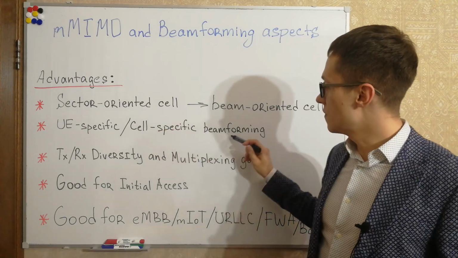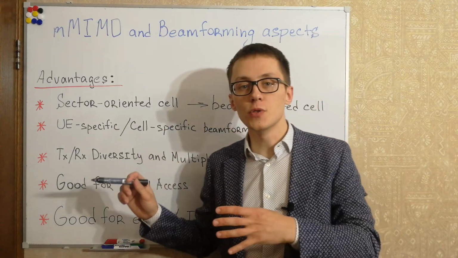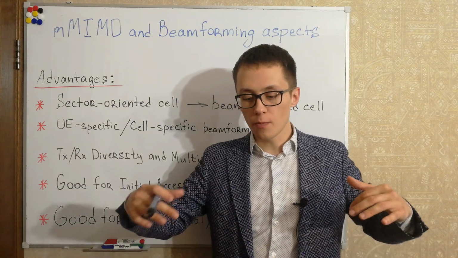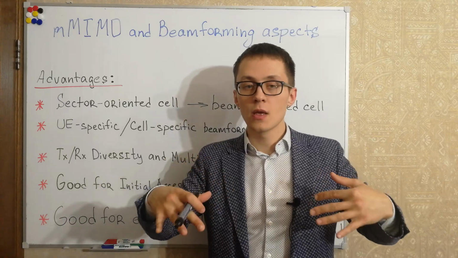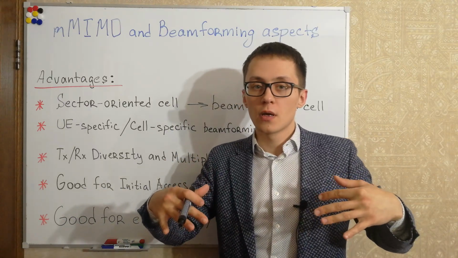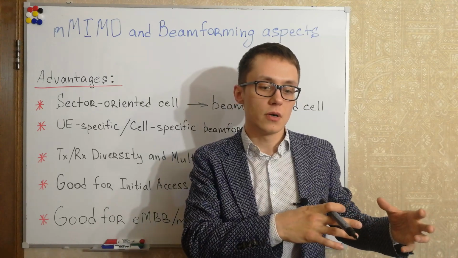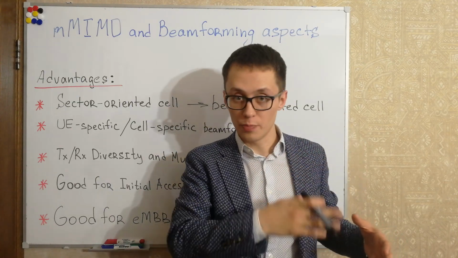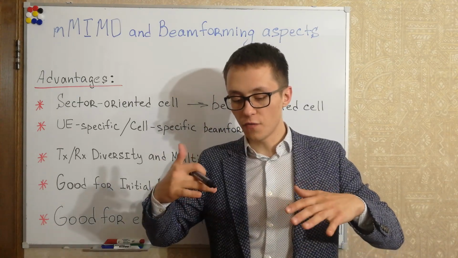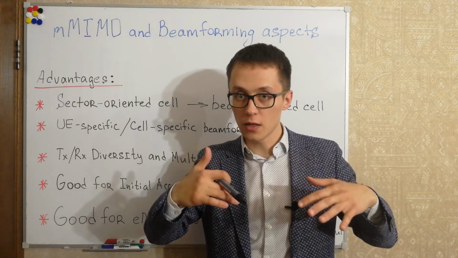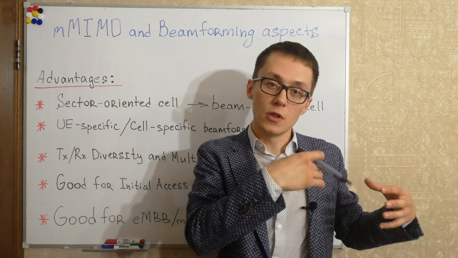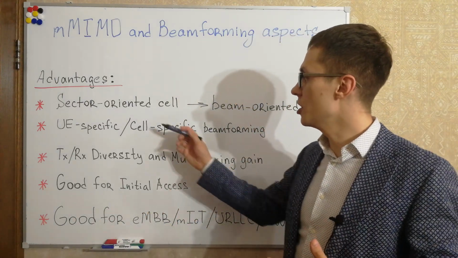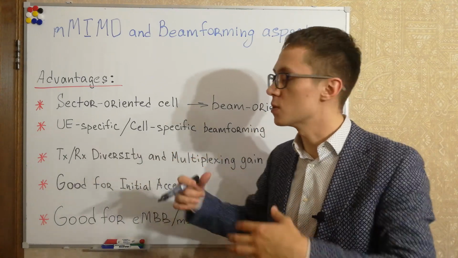When it comes to cell-specific beamforming, we can refer to cases when we need to form borders of cells using beamforming, for example, to cover skyscrapers, to cover verticals of buildings, or we can form specific borders for cells for the purpose of load balancing or for the purpose of changing cell areas, I would say.